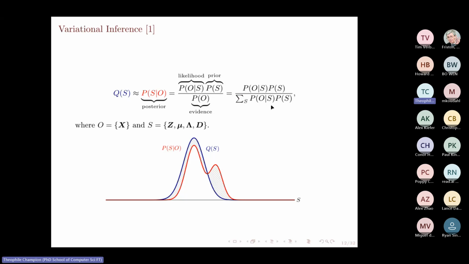So instead of using Bayes' theorem, what we do is introduce a variational distribution, which approximates the true posterior. And the goal is to make the approximate posterior as close as possible to the true posterior. Okay, so graphically, we have a potentially complex distribution in red, and we try to approximate it with a simpler one, which is Q of S.